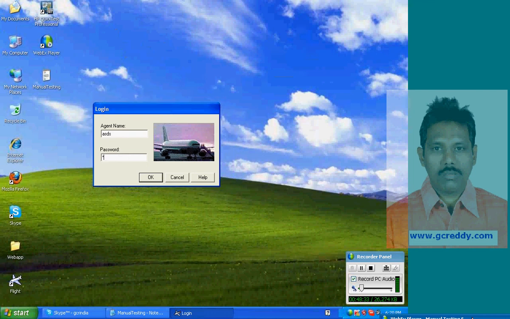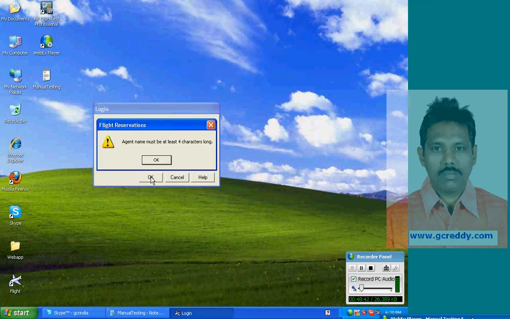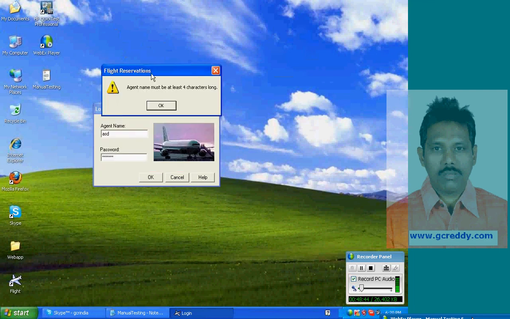Next, see, I entered agent name and password also. See, it is showing an error message: agent name must be at least 4 characters long. I entered 3 characters. See, I can easily locate the problem.